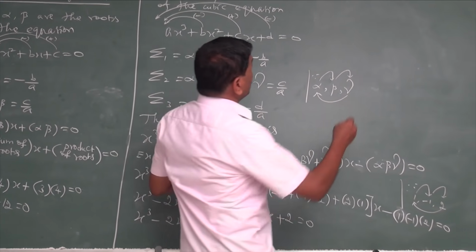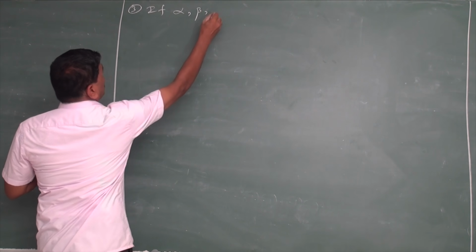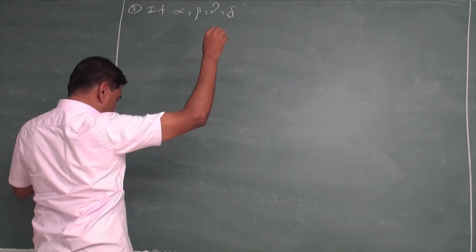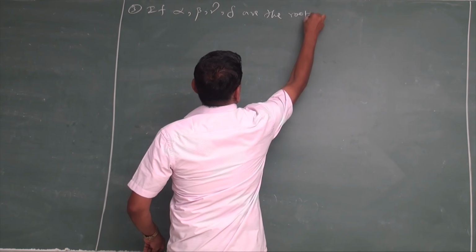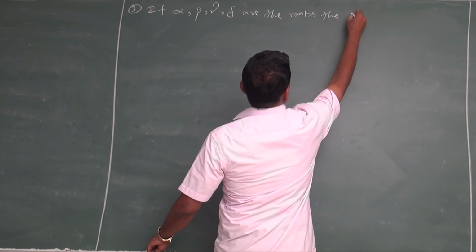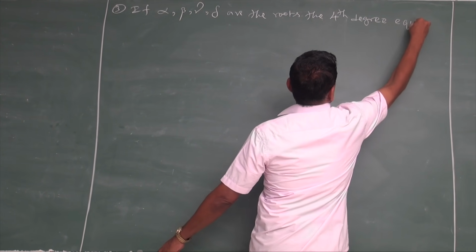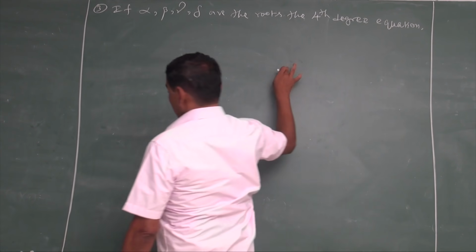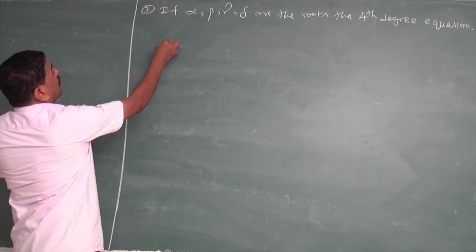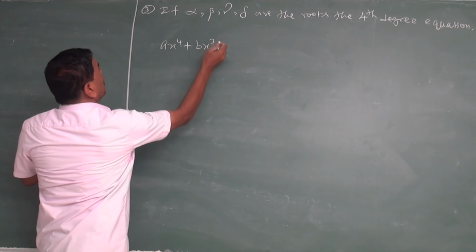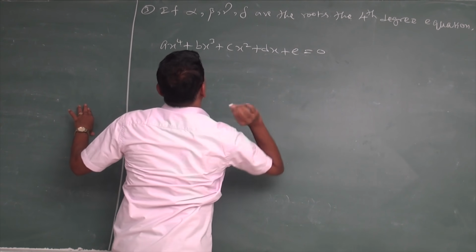Now next we are going to study the third one: if alpha, beta, gamma, delta are the roots of the fourth degree equation ax power 4 plus bx cube plus cx square plus dx plus e is equal to 0.